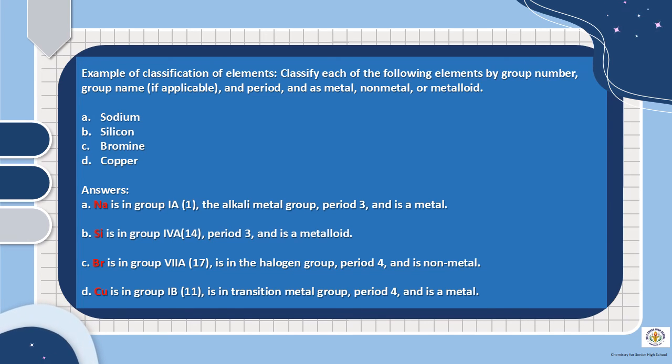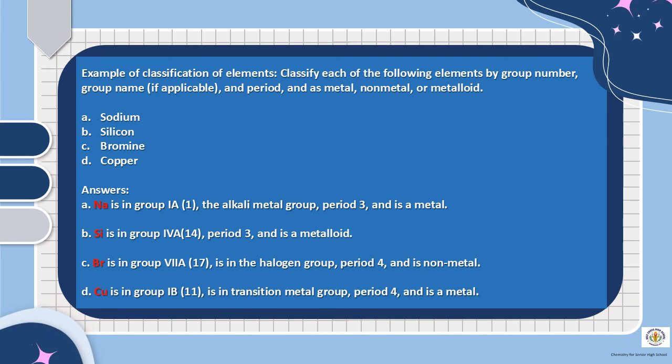Example of classification of elements. Classify each of the following elements by group number, group name, period, and as metal, nonmetal, or metalloid. For the first given, sodium; second, silicon; third, bromine; and lastly, copper.